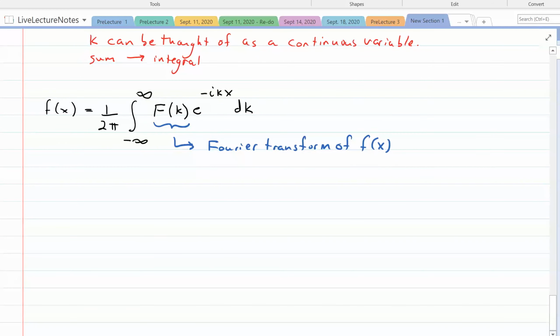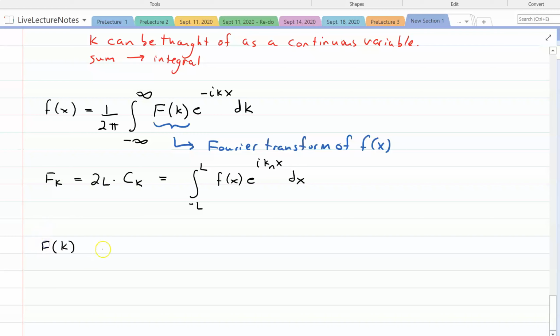And what is the formula for that? Remember that f sub k was equal to 2L times c sub k, right? And that was the integral from minus L to L of f of x e to the i n pi x over L, or maybe I'll just write i k_n x, just like that, dx.